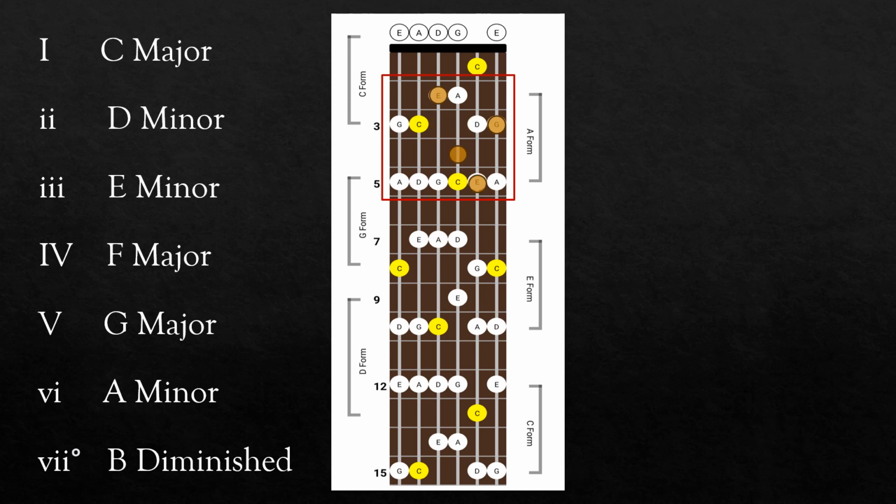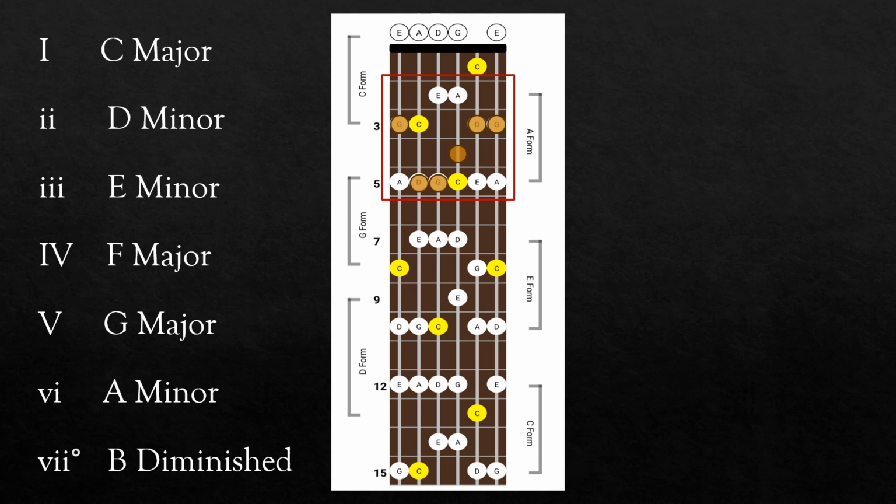The next note, F, is not in the pentatonic, but we know it is always 1 fret above the 3rd note. It is still on the nut side, so playing a D major shape will give us our F major chord. The 5th note, G, is on the bridge side of the 4th string. This is consistent with the E shape. Playing that shape gives us our G major chord.